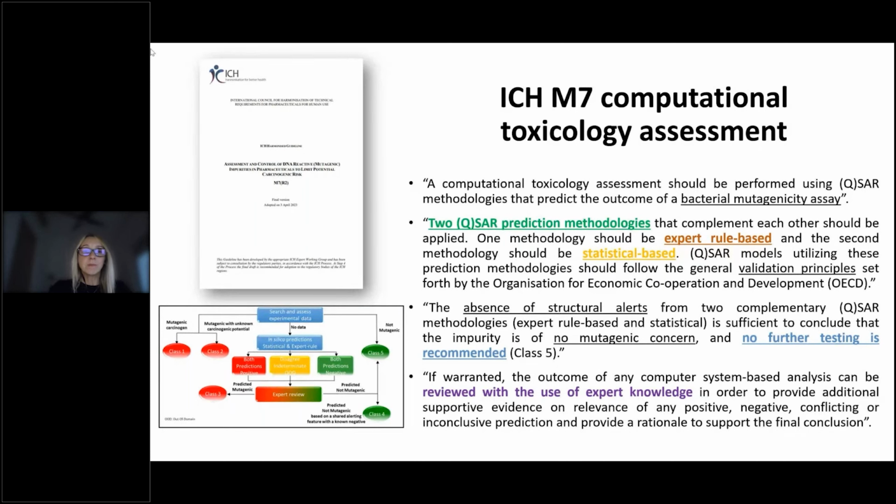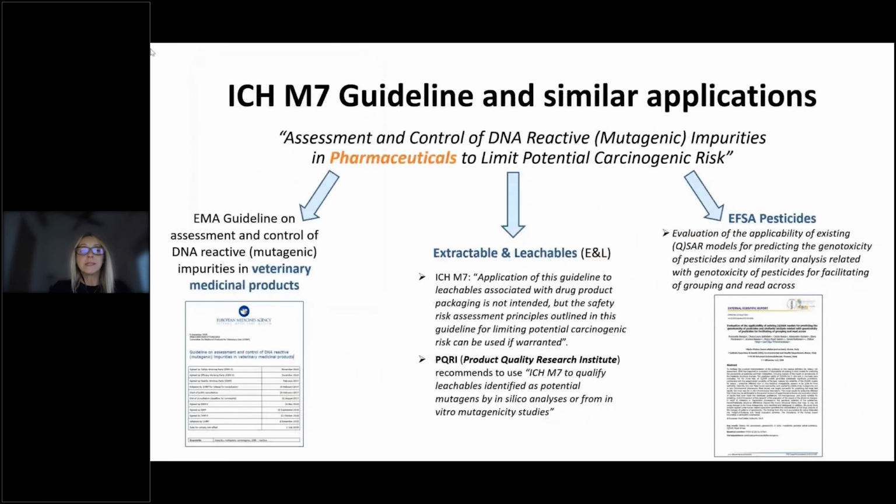The ICH M7 guideline indeed represents a milestone for the acceptance of in silico methods for the hazard assessment in the context of pharmaceutical impurities.